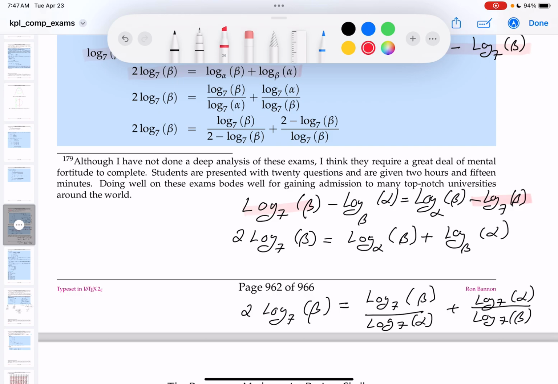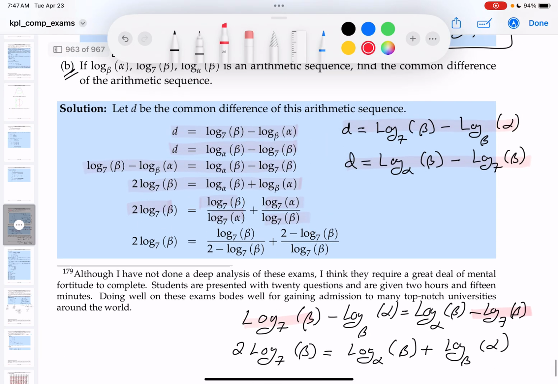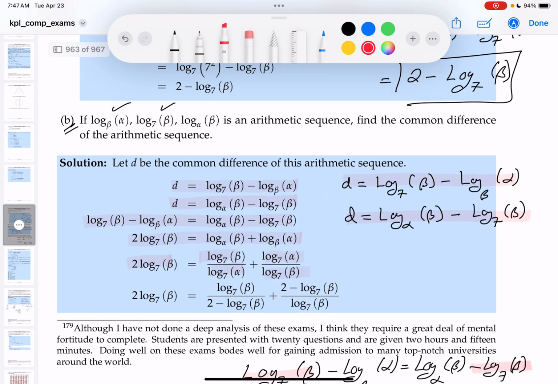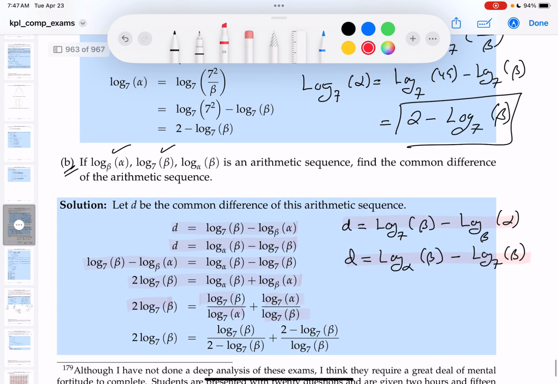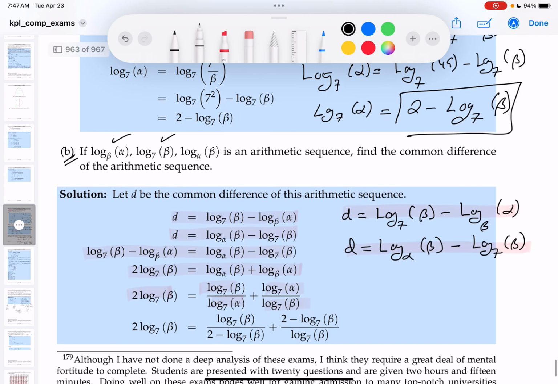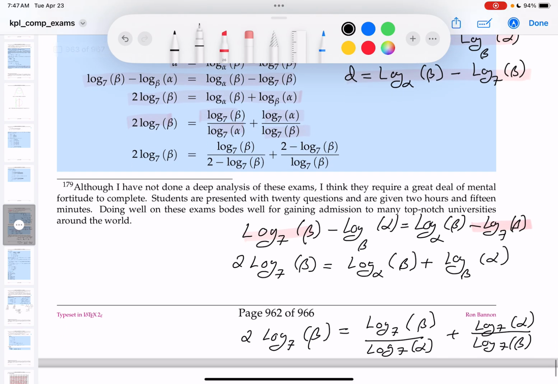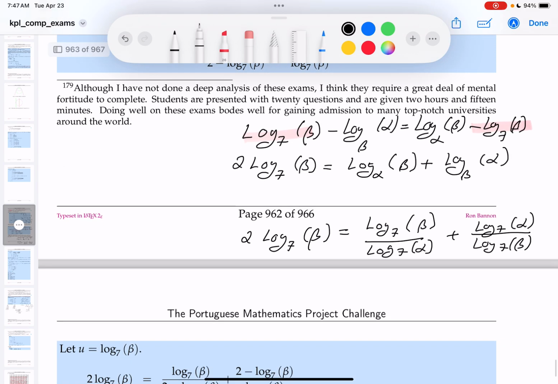All right? Where's that written? Right over here. I got base 7 here, base 7 here, base 7 there. And then I go back and realize that I have something over here. Let me write that down for you. That log base 7 of alpha equals 2 minus log base 7 of beta. All right? So let's put that down.